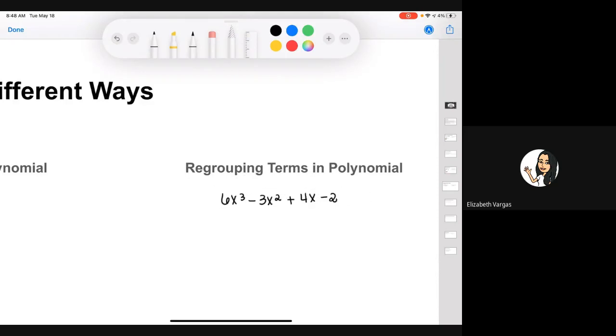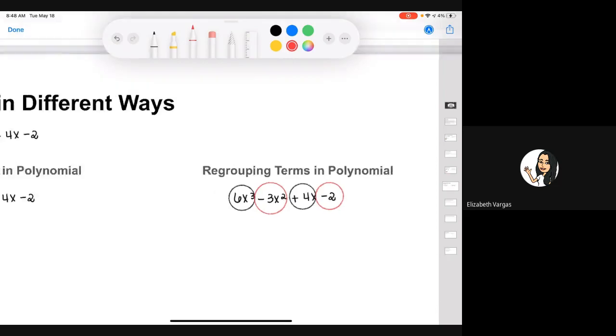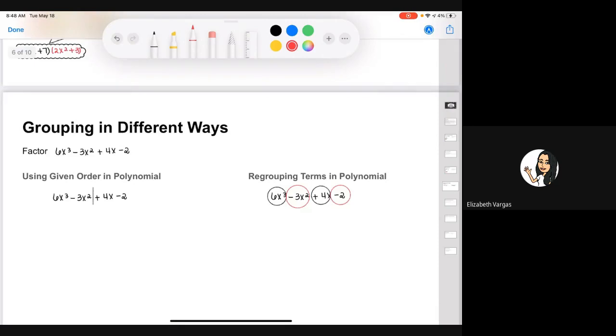And so regrouping it, for example, if I wanted to put this term and this term together, and this term and this term together, I could do it. I could regroup it to make it easier for me to solve. Either way, whichever way you group it, you're going to get the same resulting polynomial or simplified polynomial.